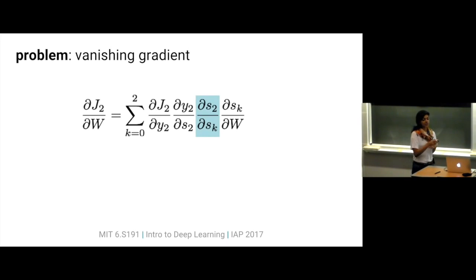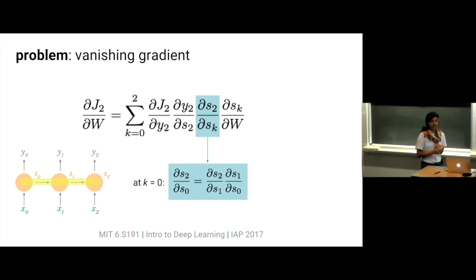If we look at this one term, at k equals 0, for example, we can see that it itself is also a chain rule, because the cell state at time 2 depends on the cell state at time 0, but in order to calculate that gradient, we have to go through the cell state at time 1.